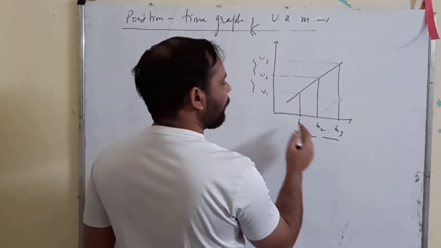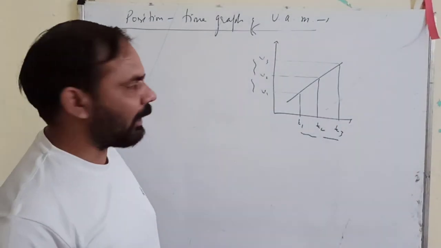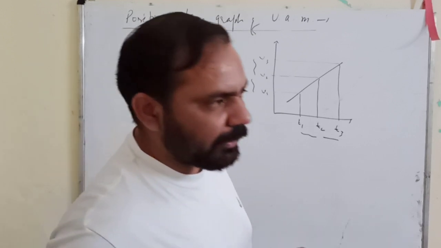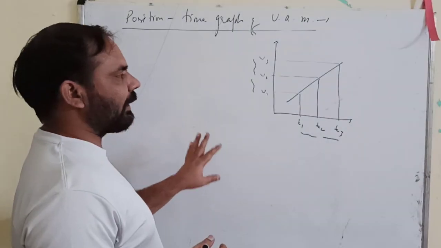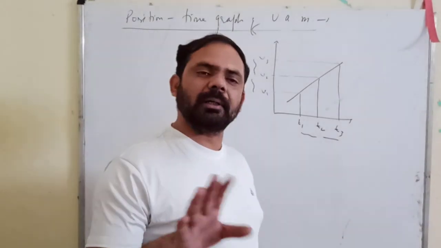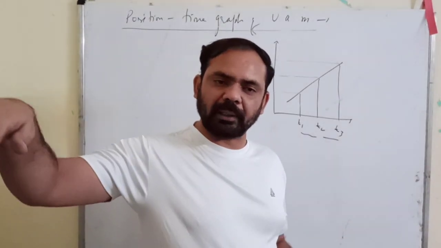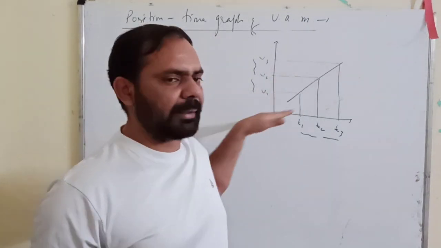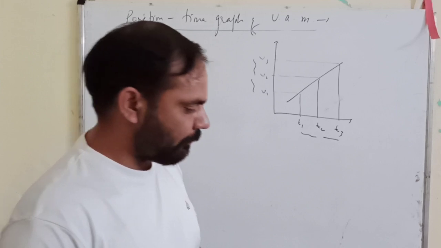Velocity changes equally in equal intervals of time, so you will get a straight line. So finally, for a uniformly accelerated motion, the position time graph will be a smooth curve, whereas the velocity time graph will be a straight line.